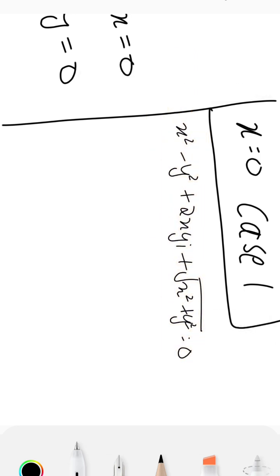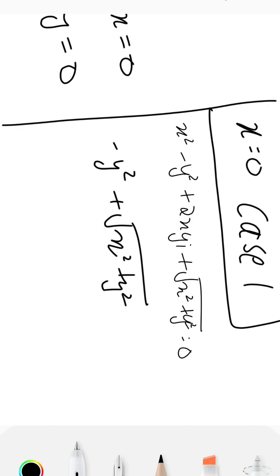So I am going to put x is equal to 0, so I'm going to get minus y square plus under root x square plus y square equal to 0. I mean, you're going to replace 0 over here also. This is the case. So you're going to get y square is equal to mod of y, right?